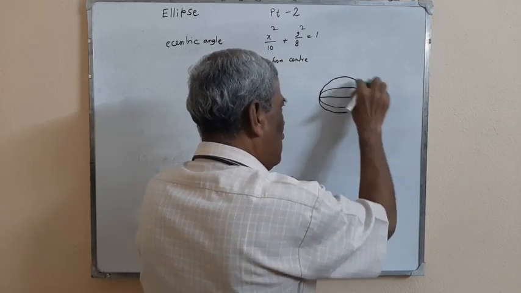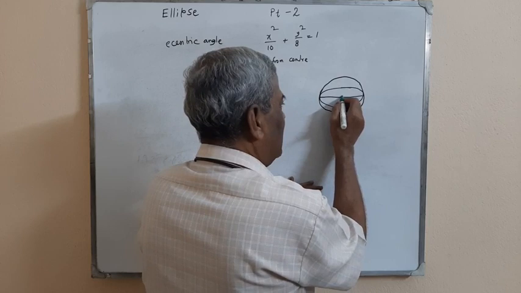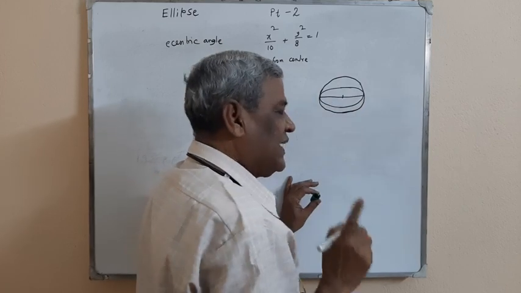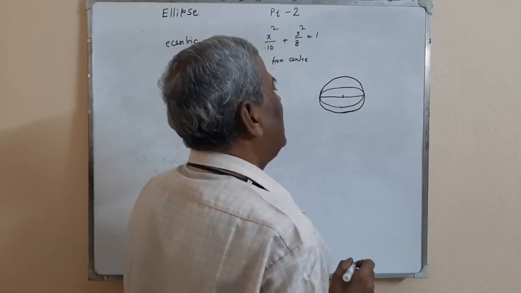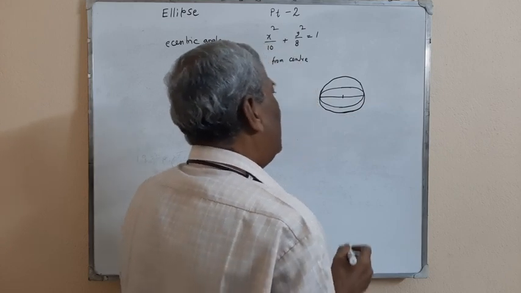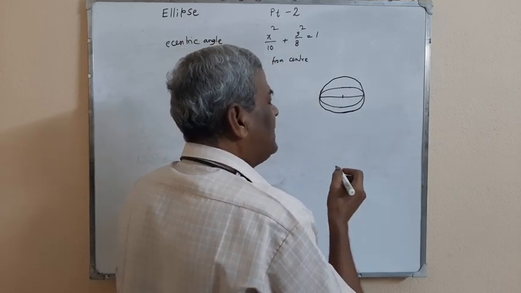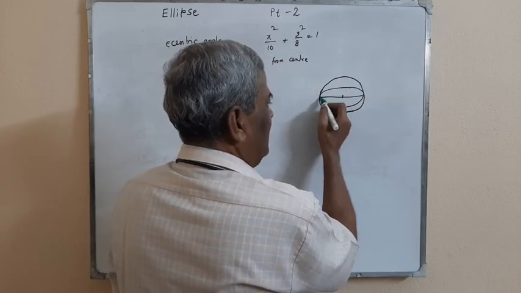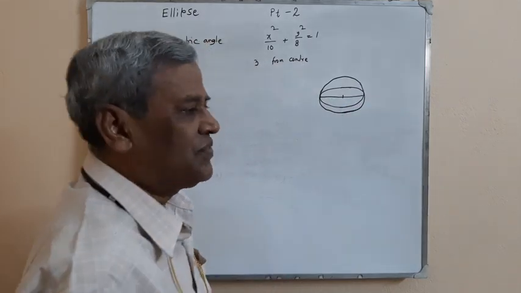Suppose this is the auxiliary circle. Auxiliary circle means, once again I am repeating, the circle whose one of the diameters is the major axis of the ellipse.